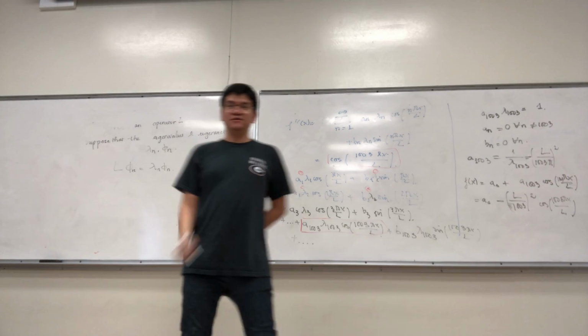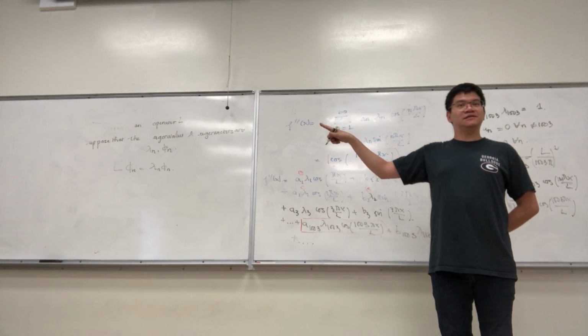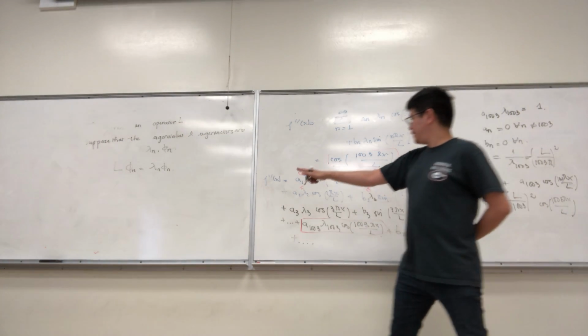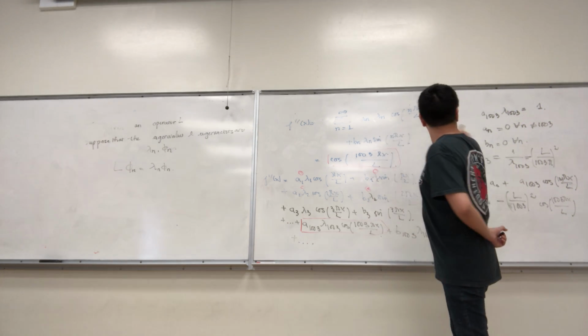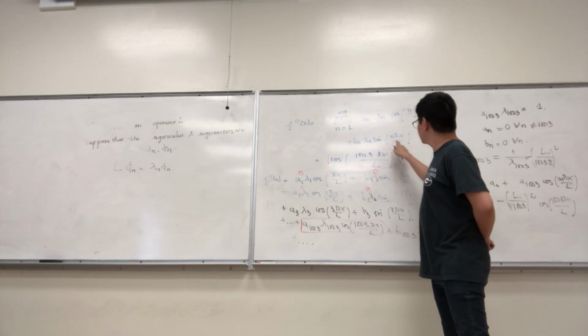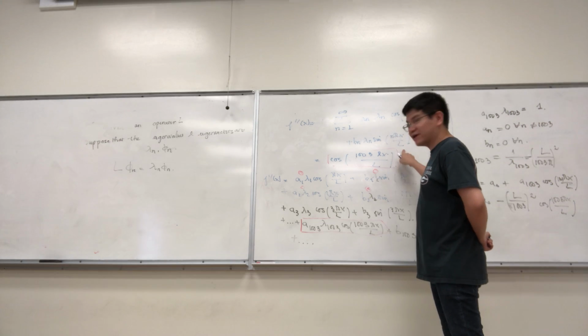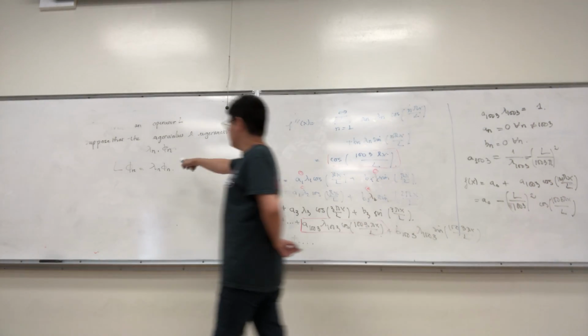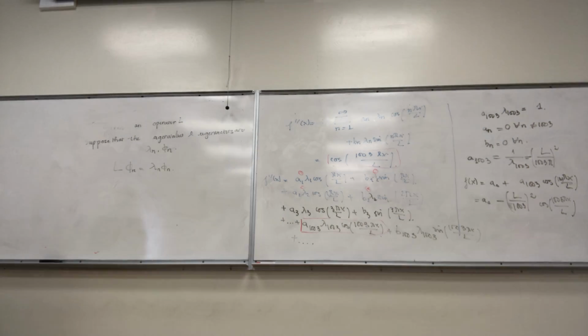So in the previous case, L is the second derivative, lambda n is minus n pi over L squared, and phi n will be either sine or cosine.